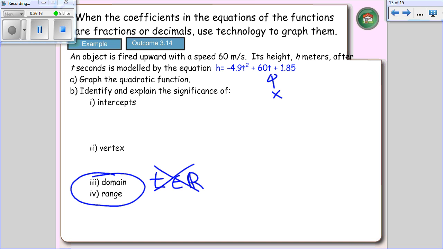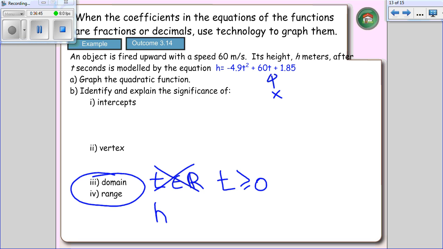For height, you're going to have the same problem. Your height can't go into the negatives, right? It's not going to go through the ground. I guess maybe if it hit the ground really hard, maybe it creates a little dent. We're assuming it doesn't do that. So our height would just also be greater than or equal to 0. But it's also going to have a maximum.